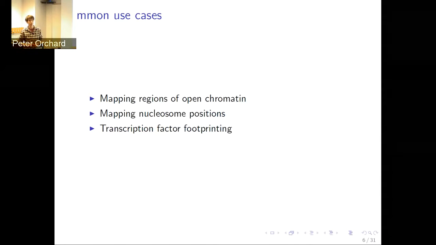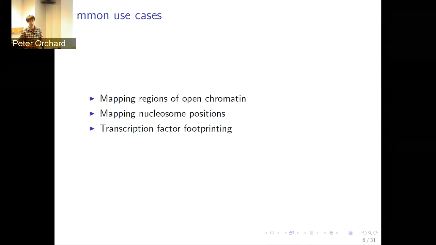So, common use cases for ATAC-seq. Really, it's primarily just used for mapping regions of open chromatin across the genome. That's really most of what I've discussed so far. But there are additional use cases for it. At least, I wouldn't probably create an ATAC-seq data set specifically to do this. But if you have an ATAC-seq data set anyway for your cell type of interest, you can use it to map out nucleosome positions.